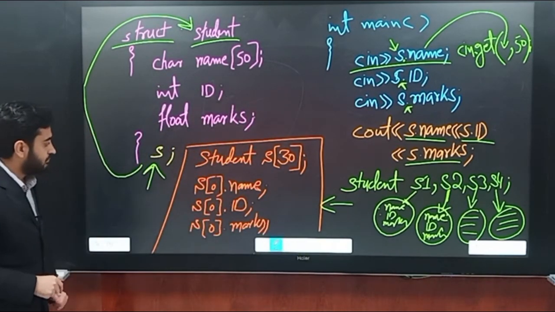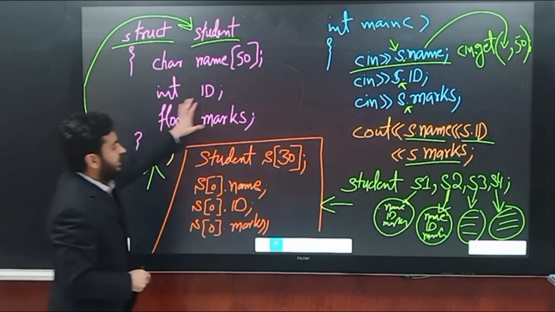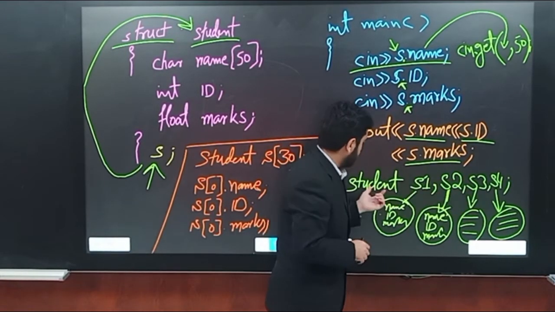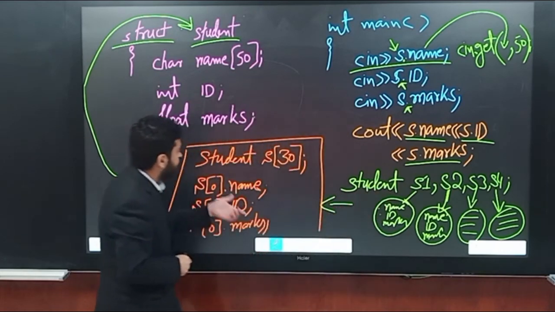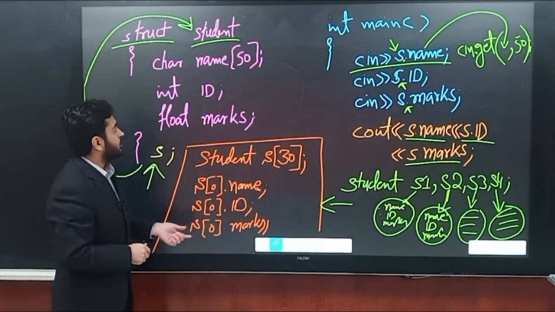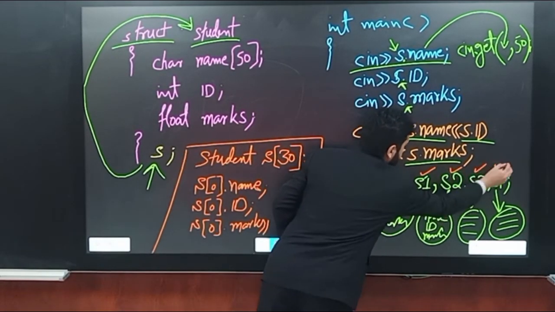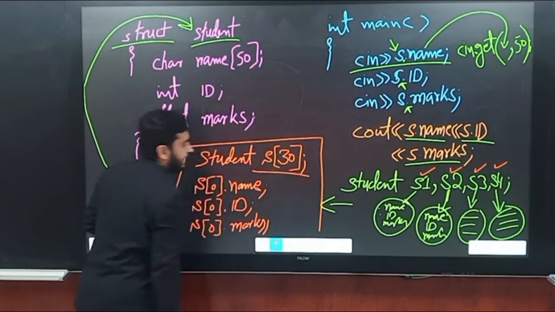Okay? So to use the structure, we have summarized the information into different variables of the structure data type, and then we have defined an array of that data type. Okay? So these are the simple variables, and these variables have been summarized into an array concept.